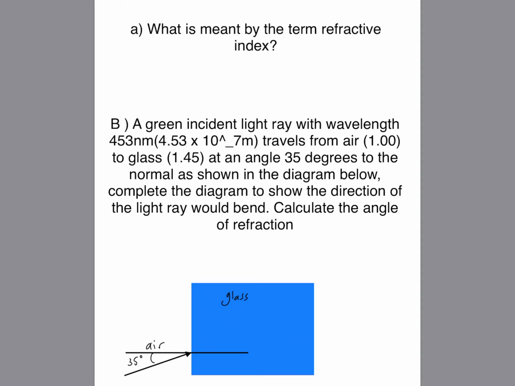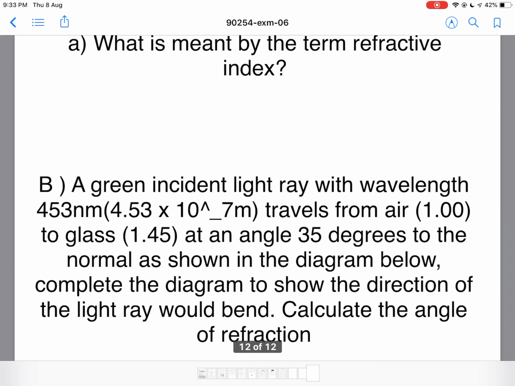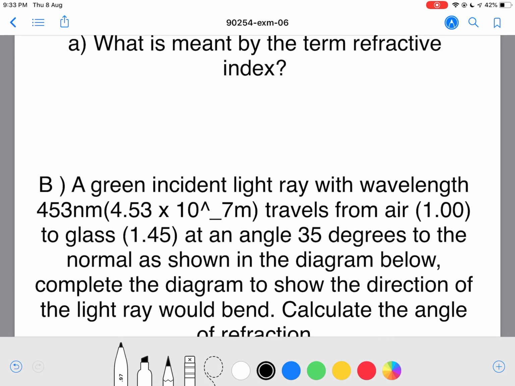Alright, so now we'll move on to question 2, refraction. A says, what is meant by the term refractive index? Refractive index is how optically dense a medium is compared to another. So we have to be in depth with our answers.